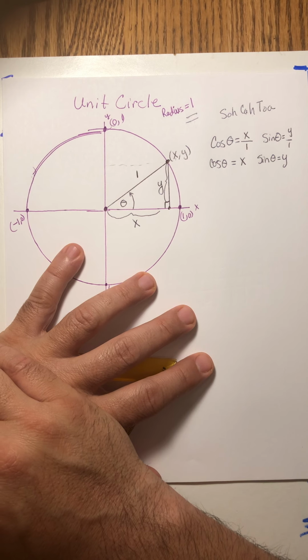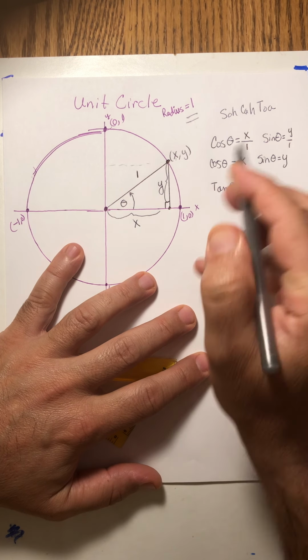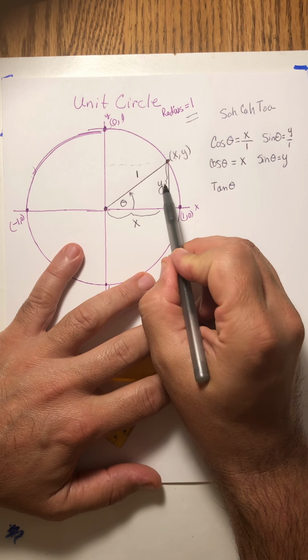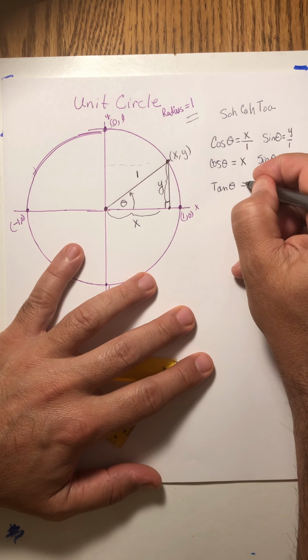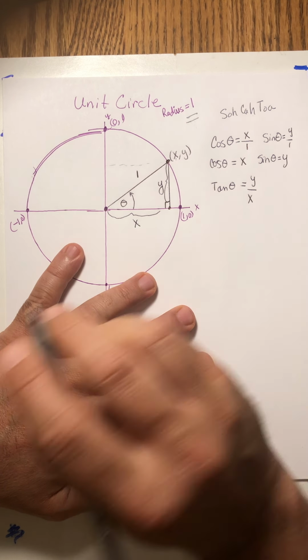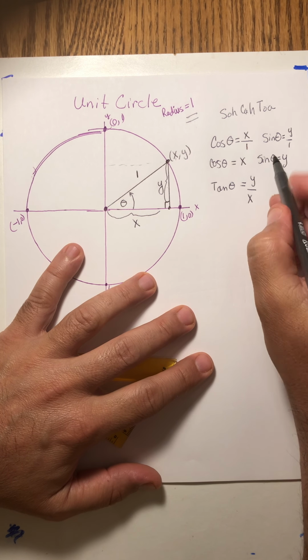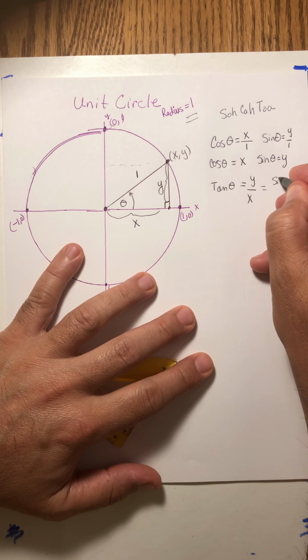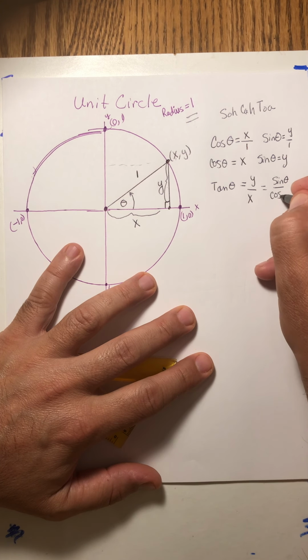Okay, so now let's also try this for tangent. Tangent of the angle. Well, tangent is opposite over adjacent. So that's y over x. And we just picked up that y is the sine of the angle and x is the cosine of the angle.